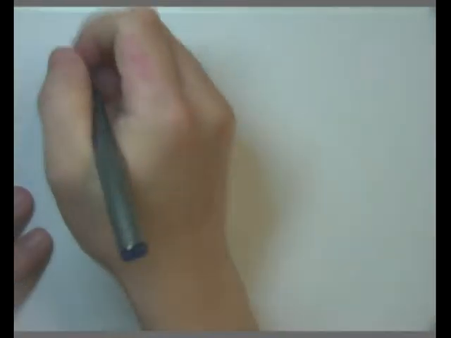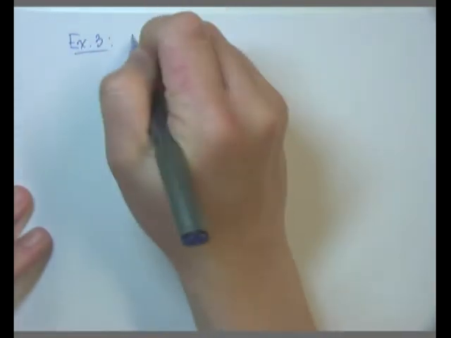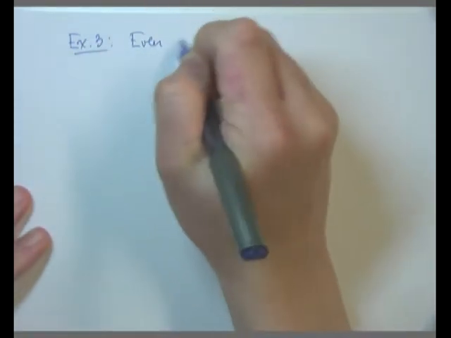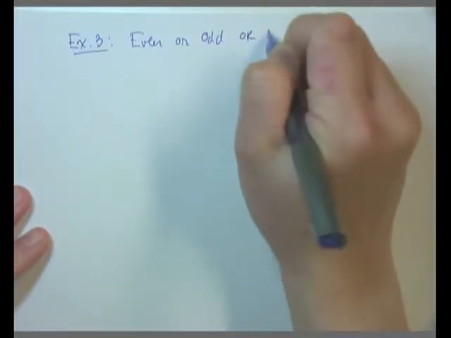In a different example, how about example number 3 now? Once again, we want to see whether this function is even or odd or neither.